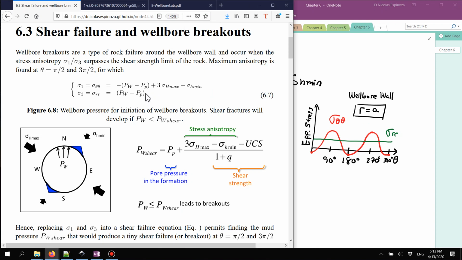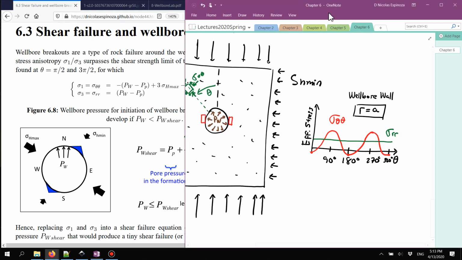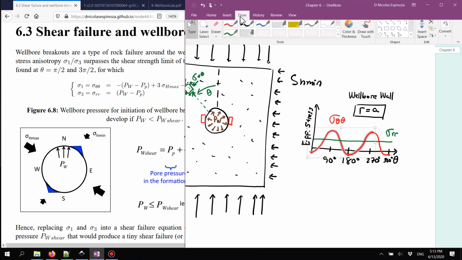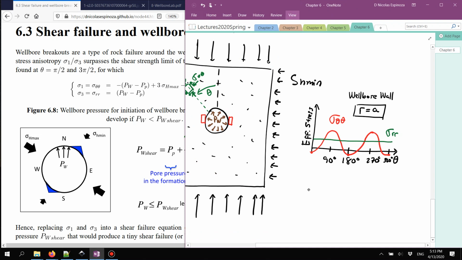What we can do now is use the equation of shear strength, which is that sigma 1 maximum depends on the value of sigma 3, but also on the value of UCS. Let me write UCS first.